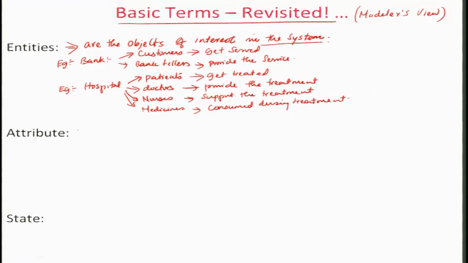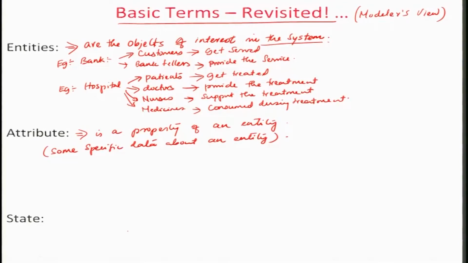Now we talk about attribute. An attribute is a property of an entity. It is some specific data about an entity.